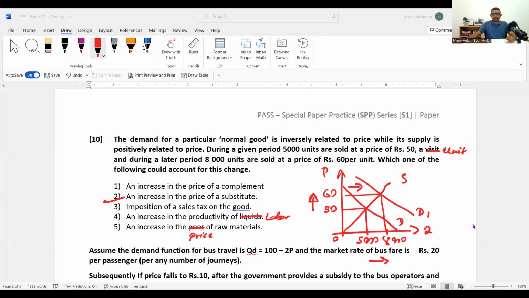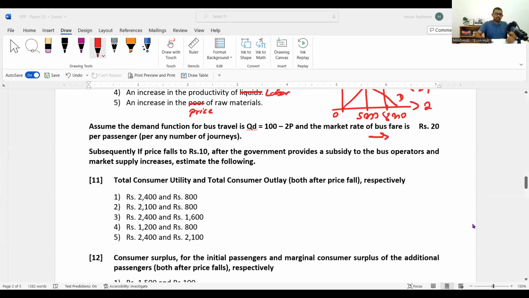Then questions 11 and 12 are based on some information given here. It says, assume the demand function for bus travel is QD equals 100 minus 2P. And the market rate of bus fare, the price, is rupees 20 per passenger for any number of journeys.